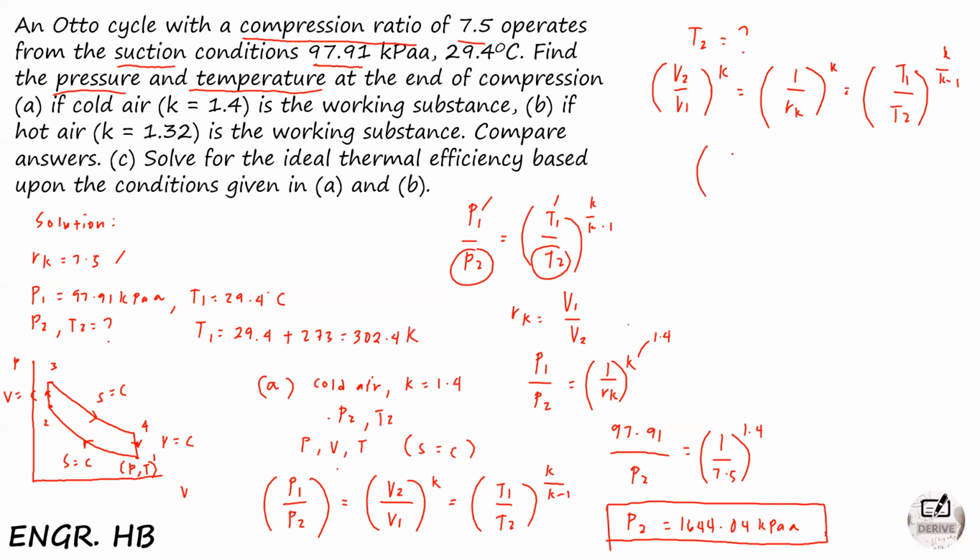So we have 1 over 7.5 raised to 1.4 is equal to T1, which is 302.4, over T2, raised to 1.4 over 0.4, because 1.4 minus 1. So for the second temperature, you can also use shift solve.